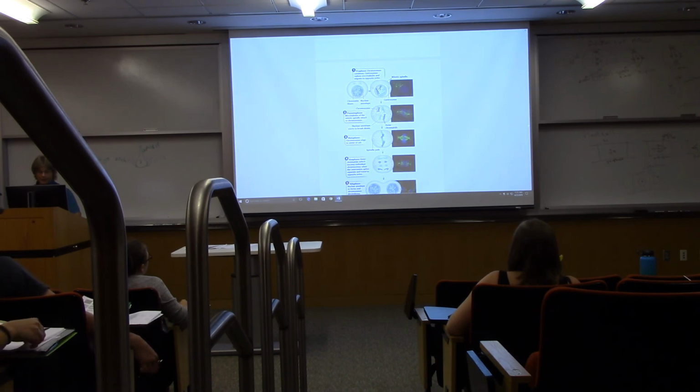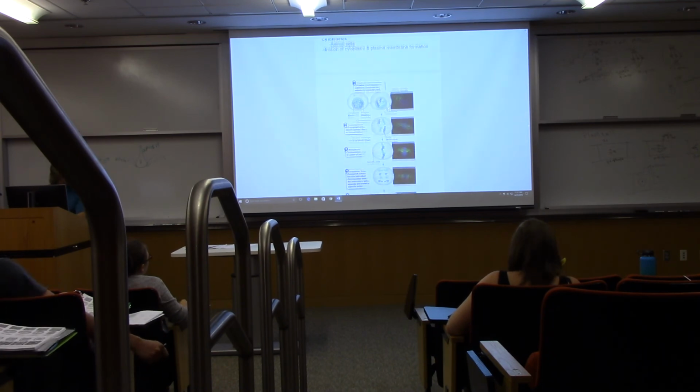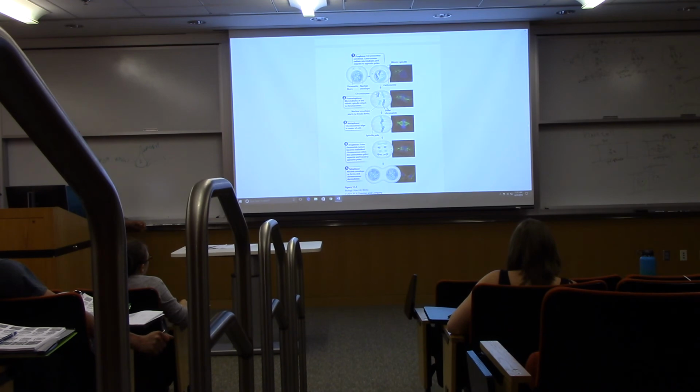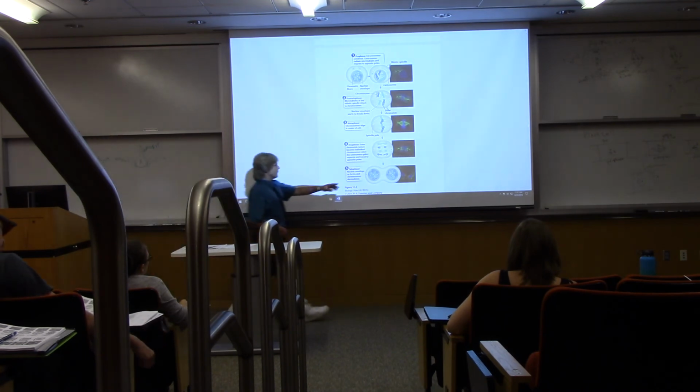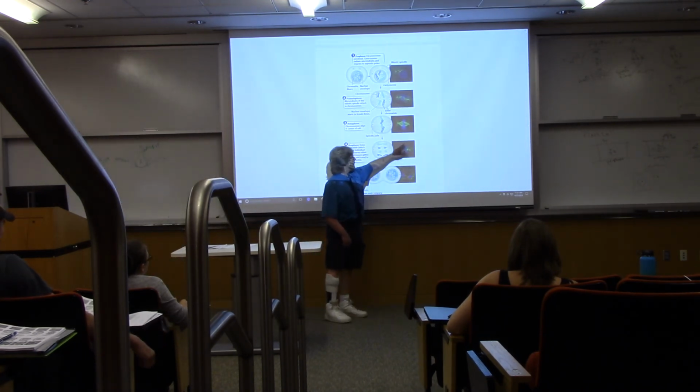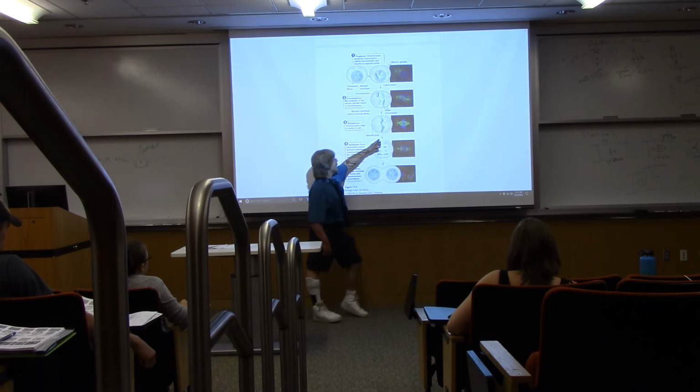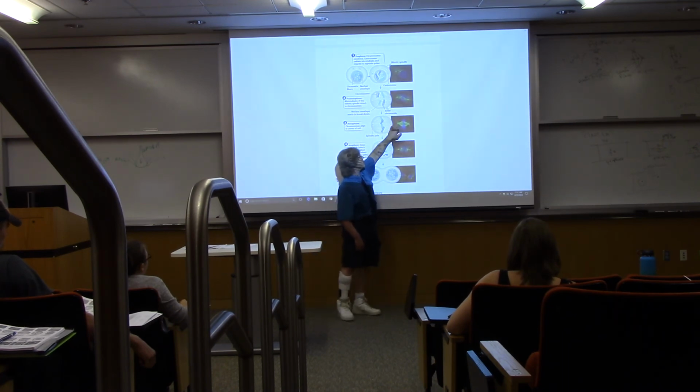And again, these are all micrographs of the animal cell. The astral rays you can see, and again, gives you some type of rigidity, while the spindle fiber is on the other side.